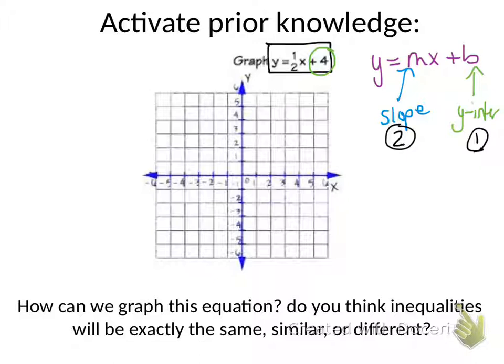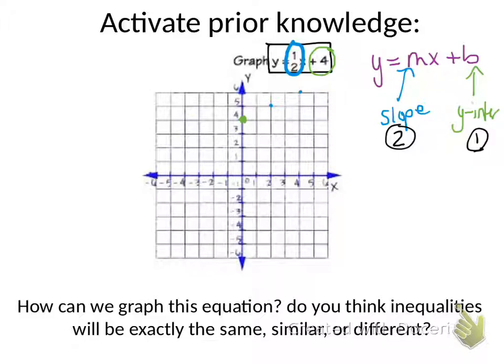So I'm going to put a positive 4 on my graph. Then I need to do my rise over my run. And in this case, it is rise 1, run 2. So we're going up 1, running 2, up 1, running 2.